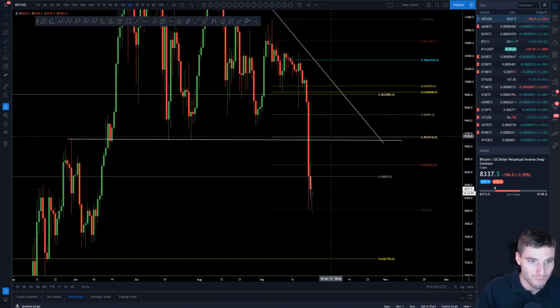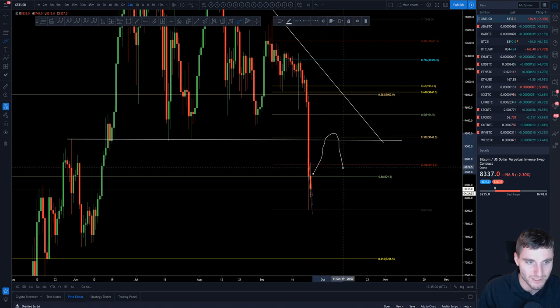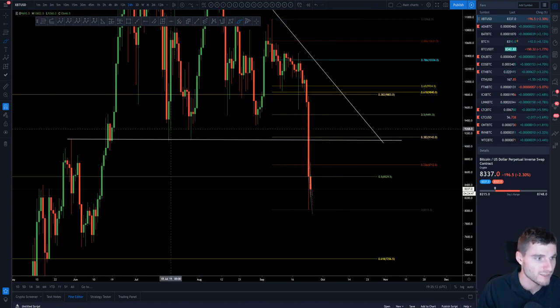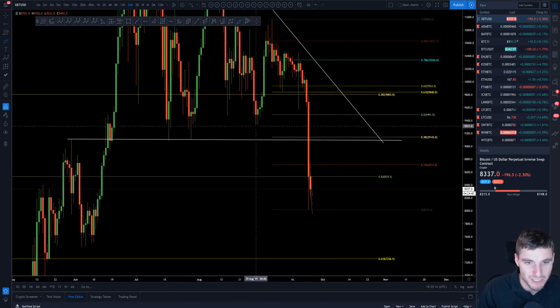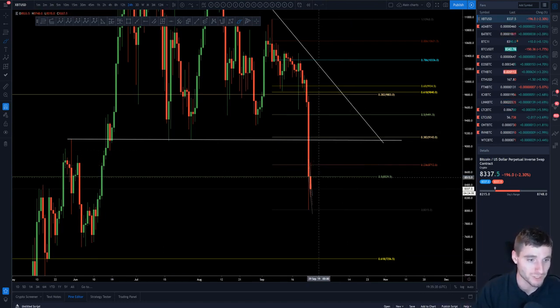I don't want to give my invalidation so close. I just don't want to. This would be a very tight stop loss. Basically, I want to give myself a bit of space, so I've given myself 9250 as my invalidation. It takes into consideration these lows, which are a little bit higher, but my line in the sand is 9250, where I'd have to get out of the market on my short.